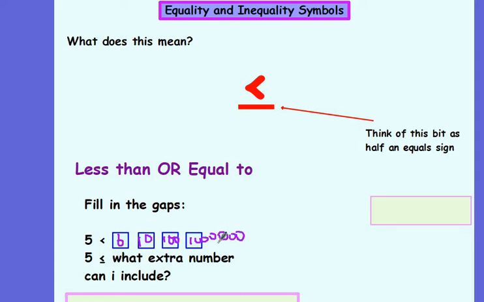All valid answers. But what extra number can I include now, Isabel? The extra number I can include is 5 because we've got that half an equal sign.